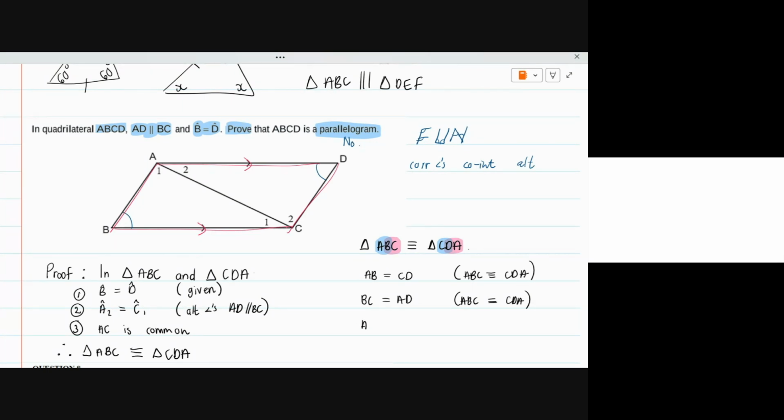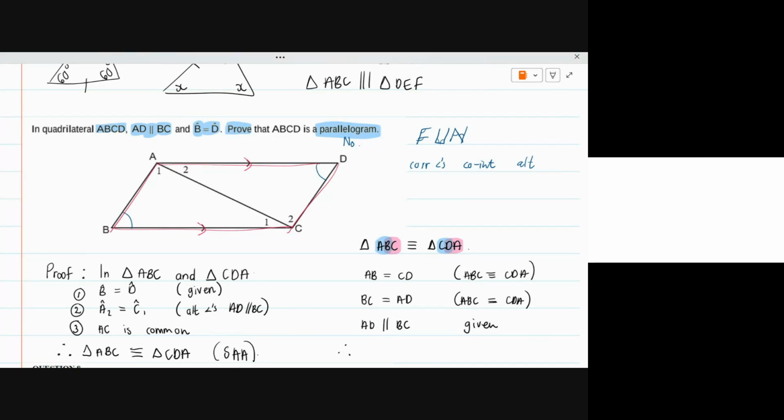I just need to add in here, AD is parallel to BC. That is given. Therefore, oh yes, sorry, I completely forgot angle side angle. Thank you. Sorry. No, it's not angle side angle. It's side angle angle. Okay.